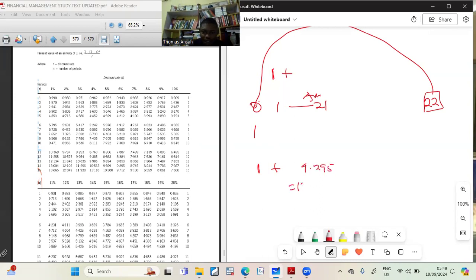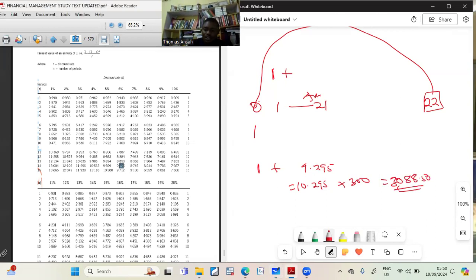So that makes it 10.295. I'm reading it from here. Then I'll multiply it by, the figure was 300, right? So I have 300 multiplying 10.295. And that gives me 388.5. So that is how it goes.